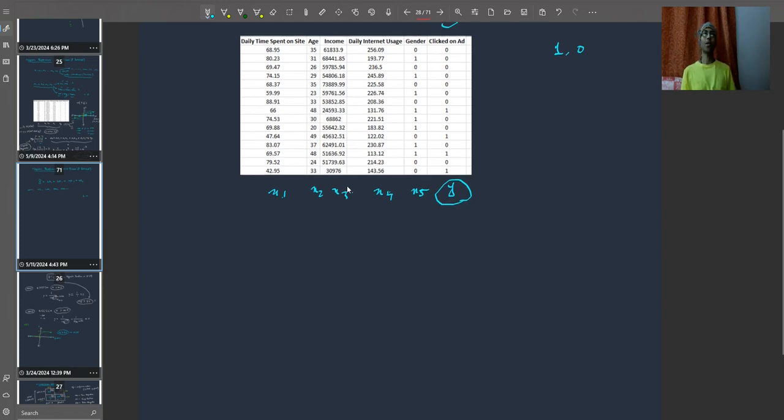Now when the person has already clicked on the ad or already rejected to click on the ad, the event is absolute. It is either 1 or 0, right? But when it is a futuristic event or when it is an unknown event, these parameters x1, x2, x3, x4 and x5 basically give us a probabilistic idea of what the eventual outcome can be.